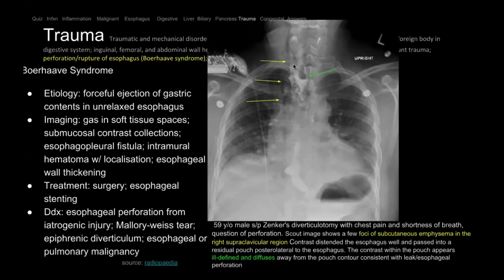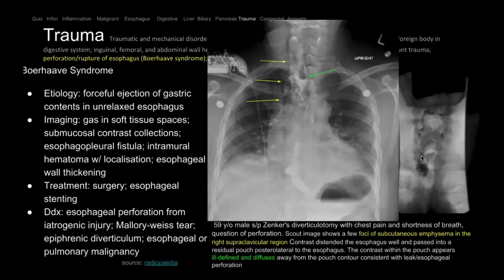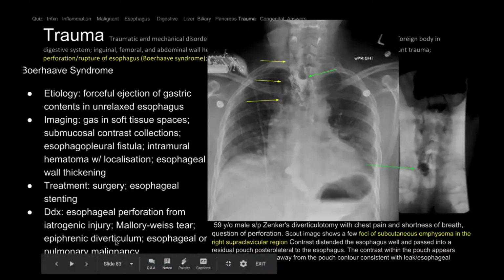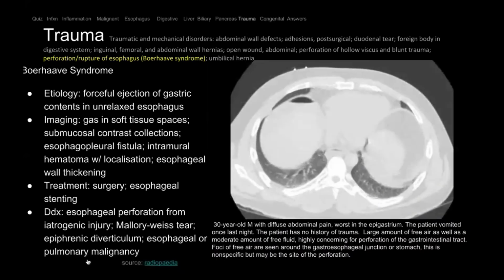So that's Boerhaave syndrome. Here's an esophagram that shows you the perforation. So this esophagram shows that the esophagus is here, but there's this extraluminal collection here consistent with perforation that has to be surgically corrected.